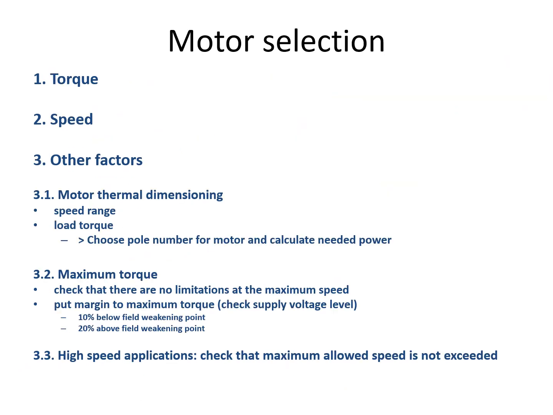First let's look at the motor, and what kind of parameters we use for picking the right motor. Of course it is torque, rated speed or range of speeds, and quite some other factors as well. Motor thermal parameters, or how it behaves thermally, will very heavily depend on the speed range and low torques.